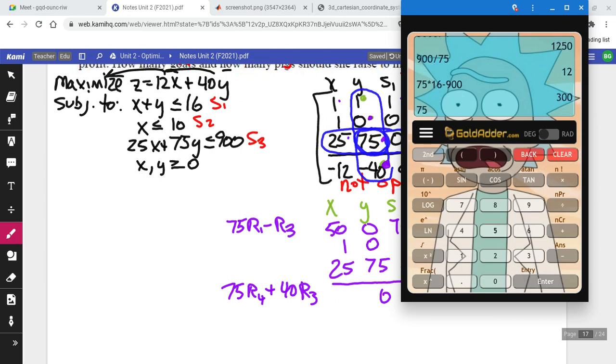We've got 75 times negative 12 plus 40 times, what is it, 25 is 100.